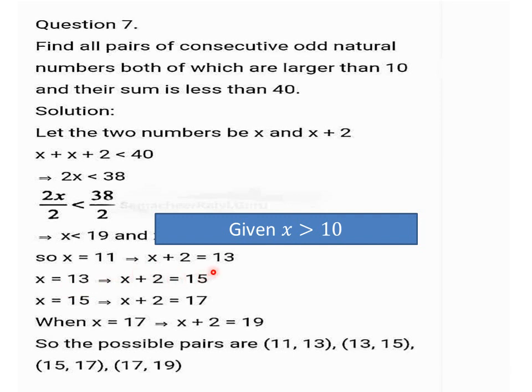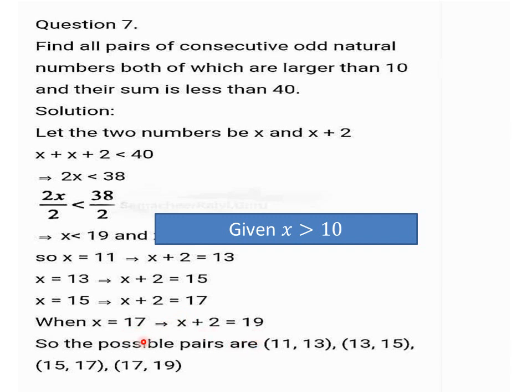11 comma 13 is one pair in such a way that both the numbers are greater than 10 and its sum is less than 40. Then if you take x as 13, the next odd number will be what? X plus 2, that is 15. Then if you take x as 15, the next odd number is 17. If you take x as 17, you will get the next odd number as 19.